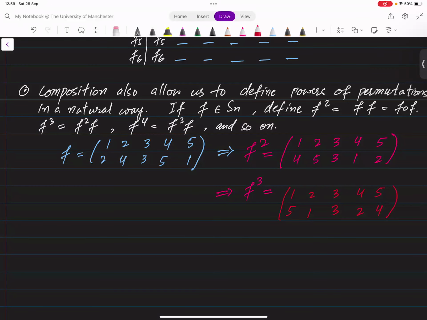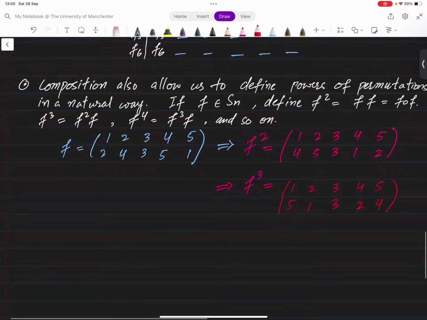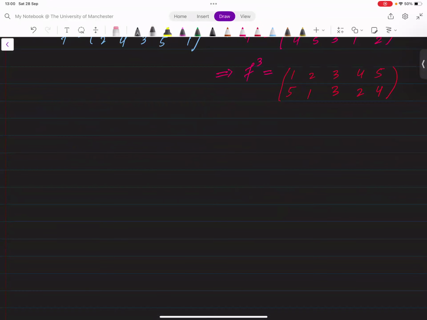You can see those which are fixed, we can't do anything about them, even if you square them or give them any power. Now we need to talk about the inverse of a permutation, so let's do that.